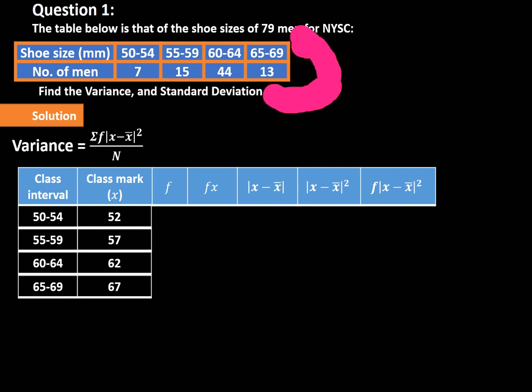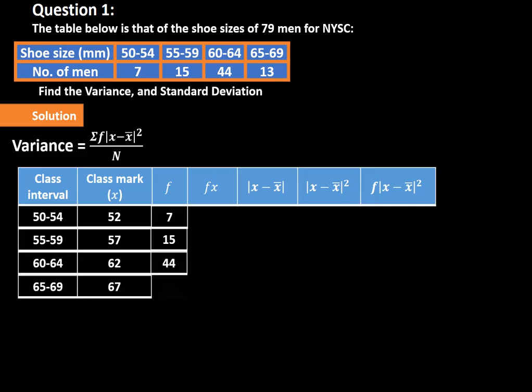Under the data, you can see the frequencies, each of them. So that's what I'm going to put here. For their corresponding frequencies, the first one is 7, the second one is 15, the third one is 44, the next one is 13.